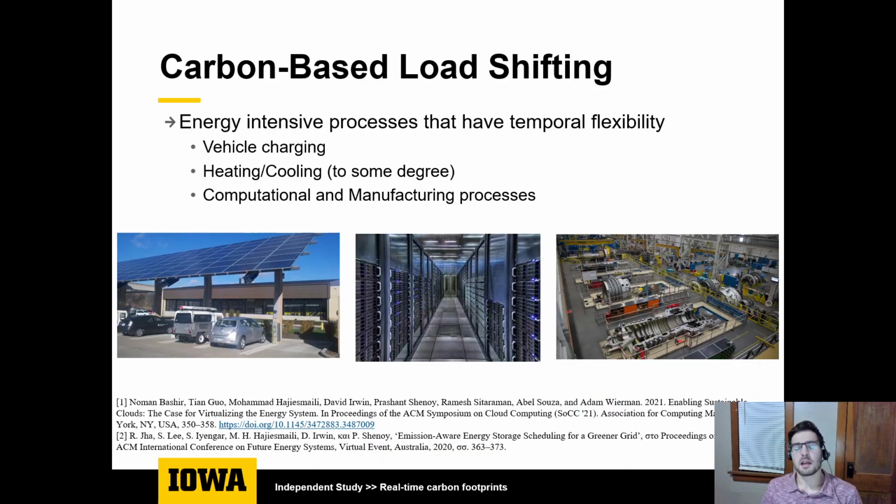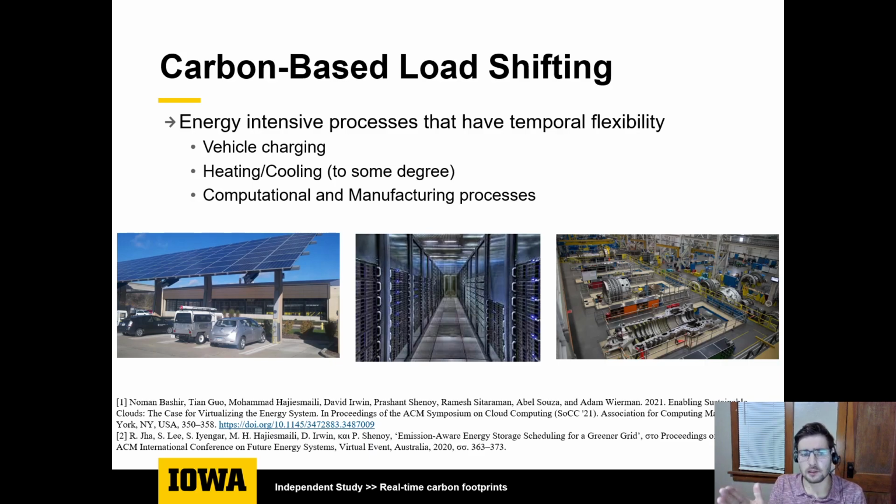Okay, so we can use those metrics to build these nice dashboards to engage the community on sustainability, but there's also some other things we can do with them. So we can do carbon-based load shifting. So load shifting is something that big manufacturing companies probably already do in coordination with their utility company. So if you have a manufacturing operation, they probably ask their utility, when is the best time we can run our manufacturing operation to lower our cost for electric or natural gas or something.